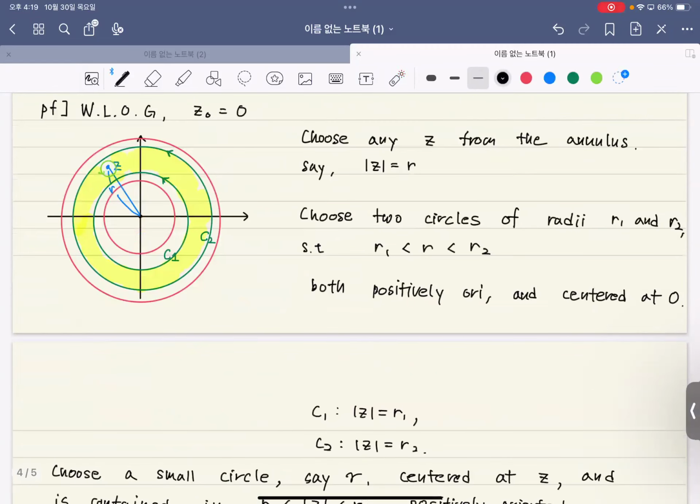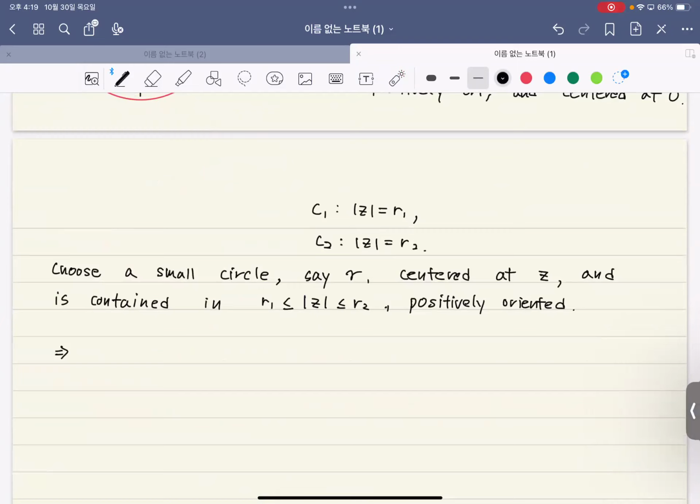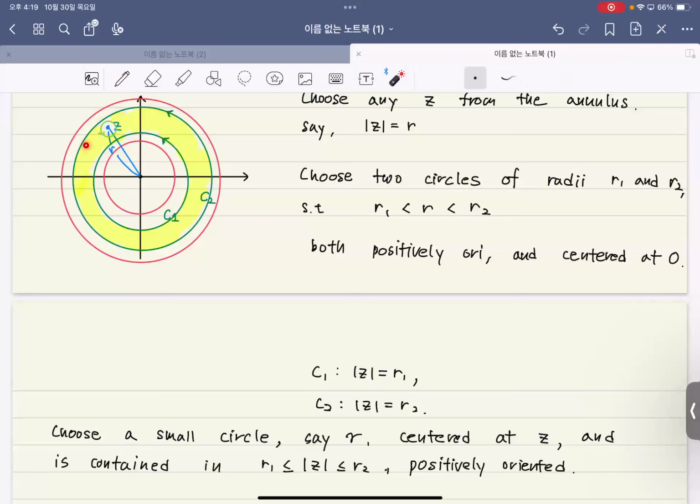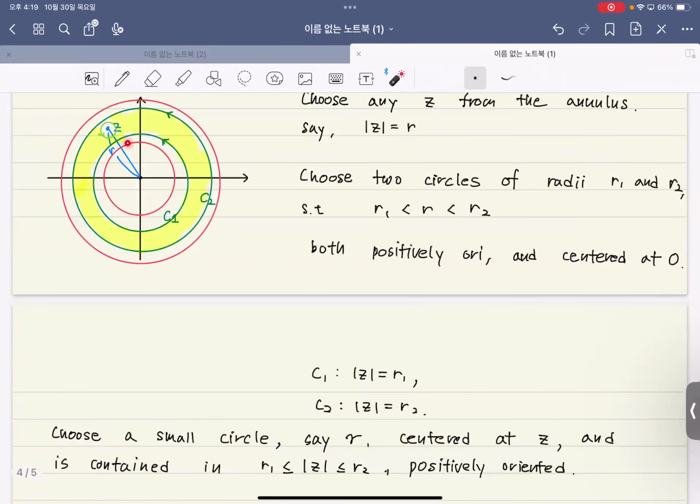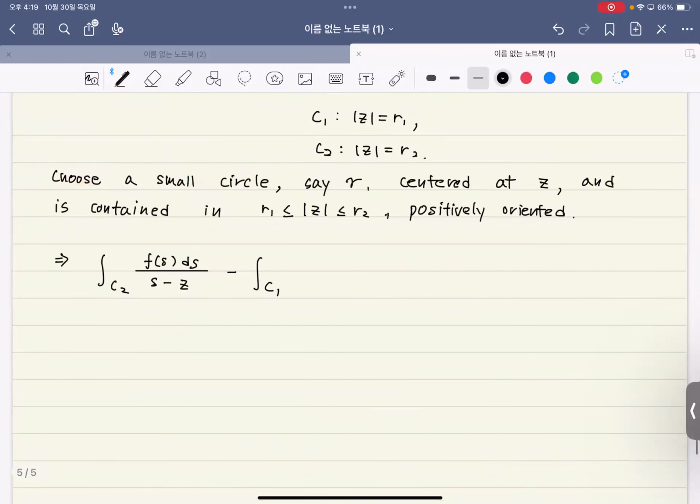In this case, the integral over C2, which is the greatest one, of f(s) ds over s minus z, minus the integral over C1, which is the inner circle, of f(s) ds over s minus z, and minus, lastly, the integral over gamma.